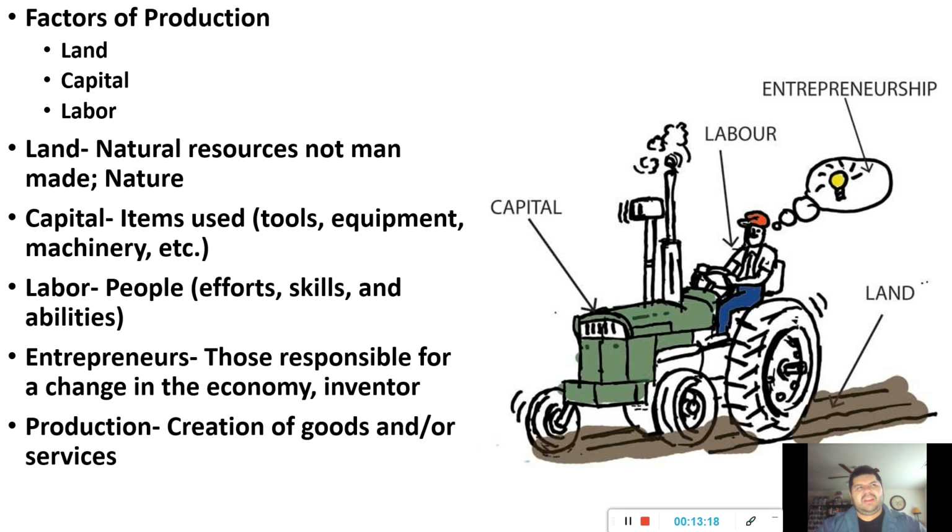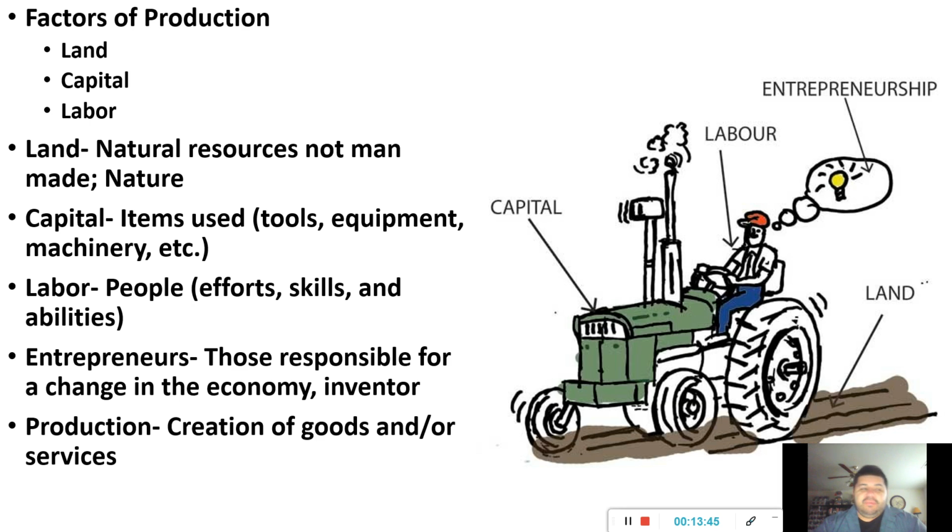And the last one is labor. This is you and me. This is our efforts, our skills, our abilities. Whenever you get a job, you see on there a part that says, what are your skills? They want to know what you bring to the table. What are you able to do? And then they basically say, how can we use that skill if we can?